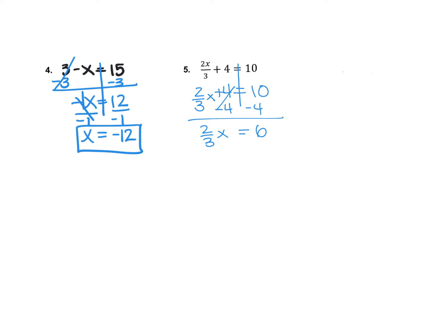Now, the 2/3 is multiplying the variable, so we're going to undo it by dividing, and dividing a fraction is the same thing as multiplying by its reciprocal. All right, so we're going to have x is equal to 18 all over 2, and 18 divided by 2 is 9.